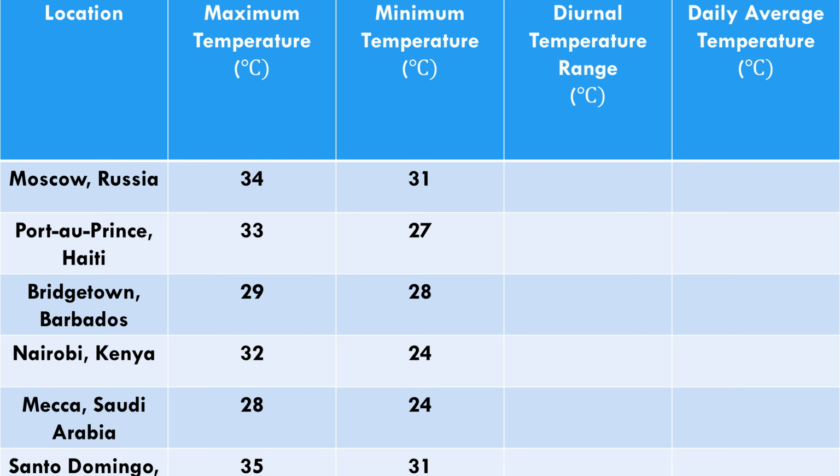Moscow in Russia, Port-au-Prince in Haiti, Bridgetown in Barbados, Nairobi in Kenya, Mecca in Saudi Arabia, and Santo Domingo in the Dominican Republic. Here we have our maximum and minimum temperatures for both cities. Now, the task here is to use the information given to calculate the diurnal temperature range and the average temperature for the day.